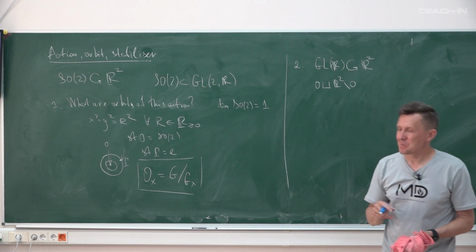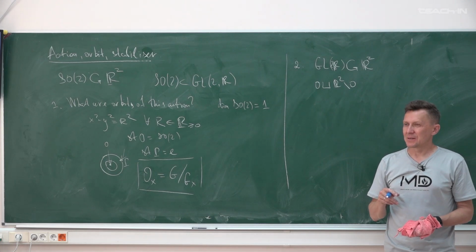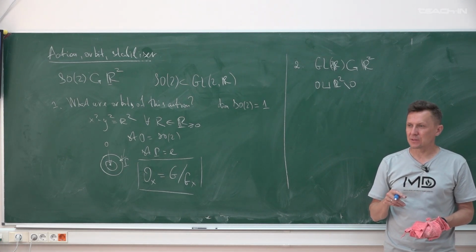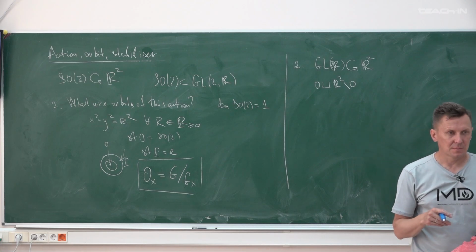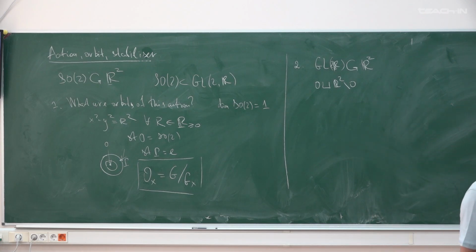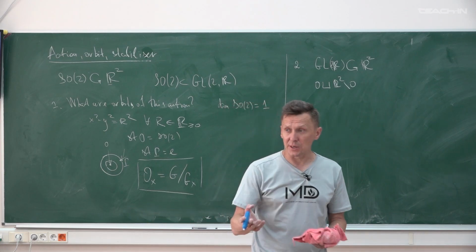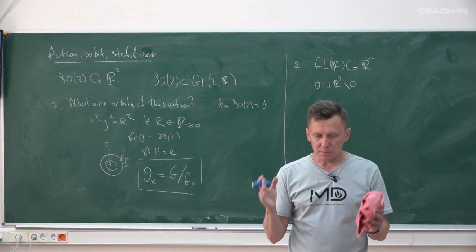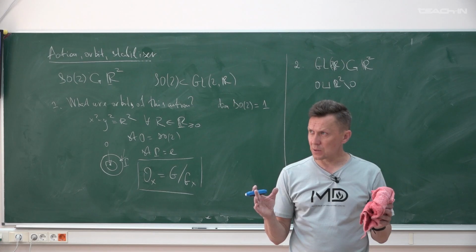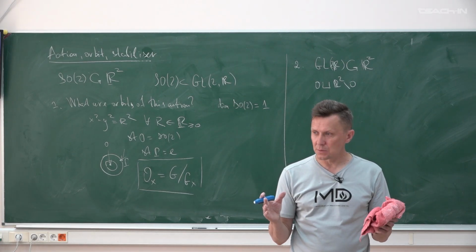Are there some stabilizers? So you're saying that this is the orbit of this group acting on the plane? You see all the space, all the set X with the action. It can be represented as a disjoint union of orbits.